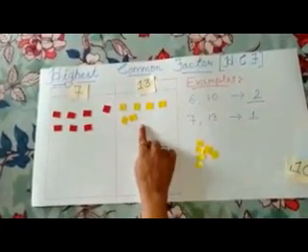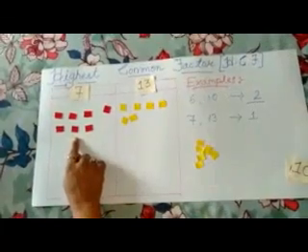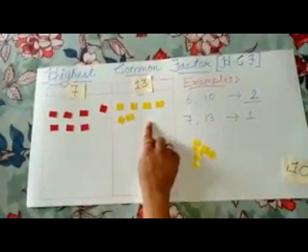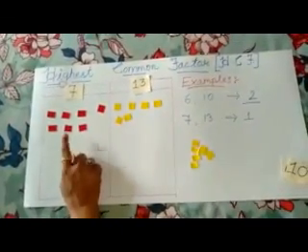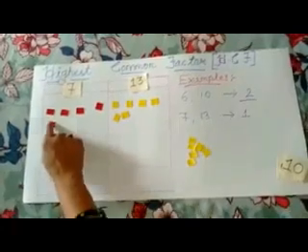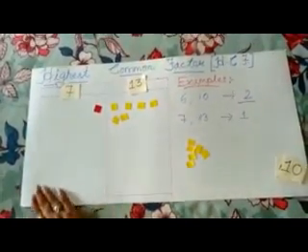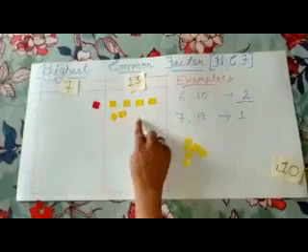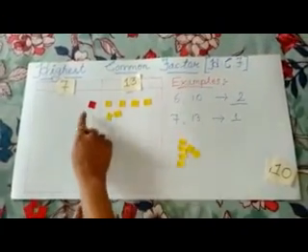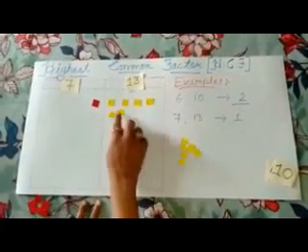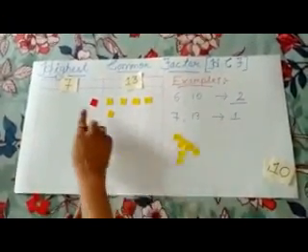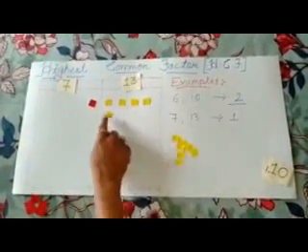Now here it is 6 and here it is 7. 6 is smaller than 7, so I will remove 6 from here. Now here it is 1 and here it is 6. 1 is smaller than 6, so I will remove 1. Again 1 is smaller than 5, so I will remove 1.